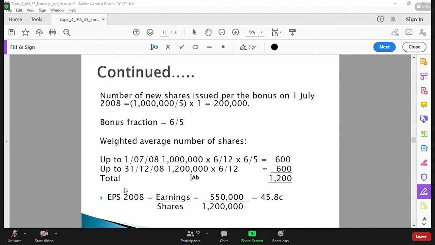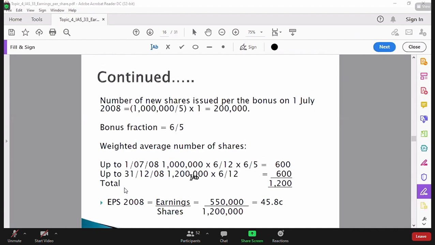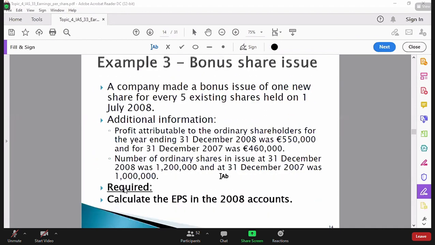600 plus 600. So the EPS for 2008 is equivalent to the earnings. How much is the earnings? The earnings for 2008 is 550,000. Then you divide it with the weighted average number of shares, which is 1,200,000 just now.